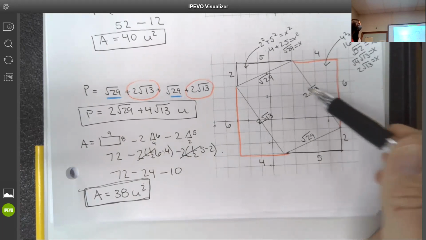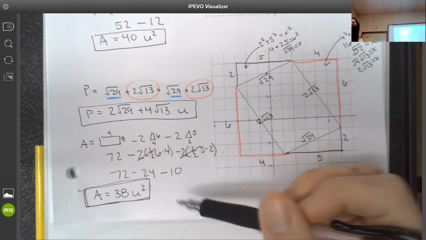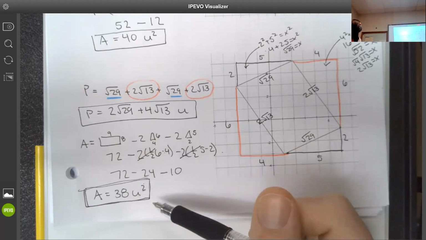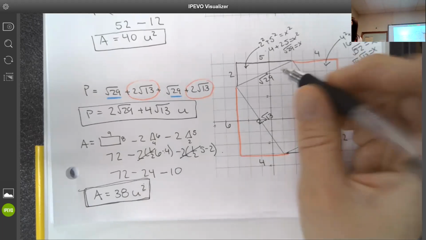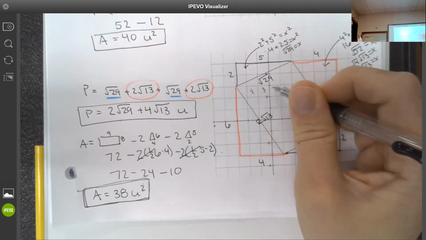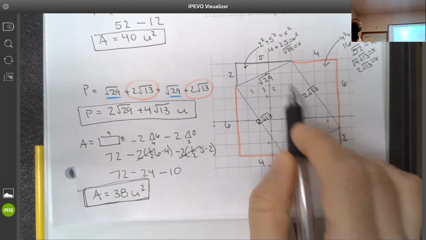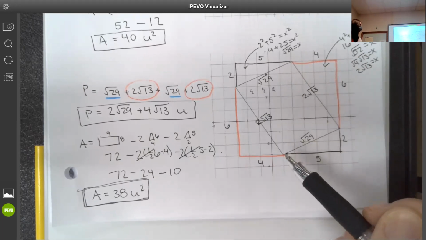So if I wanted to check myself, I could count up whole cubes and how many half cubes I have and see if this is close to what it looks like, okay? But it shouldn't be way off. Like if, for example, this just said 3 units squared was my answer, that wouldn't make any sense. 3 units would just be 3 of these. Okay, so 38 means there's 38 of those boxes in here. Some obviously broken into partial parts there.